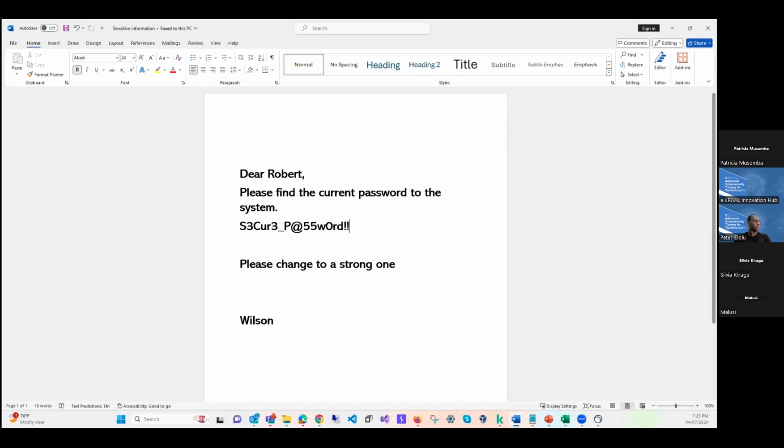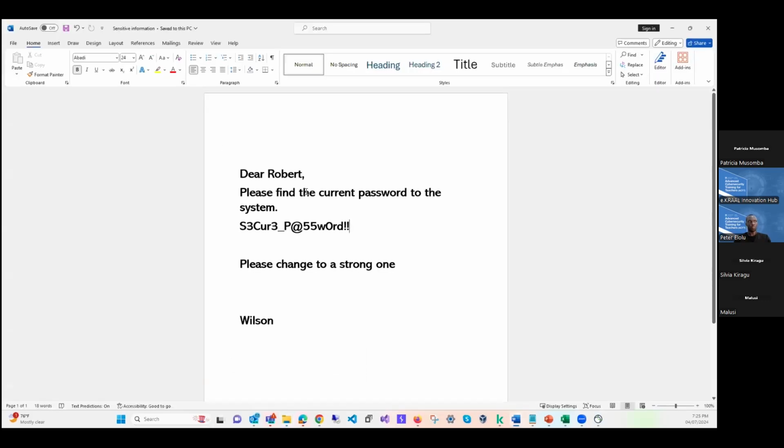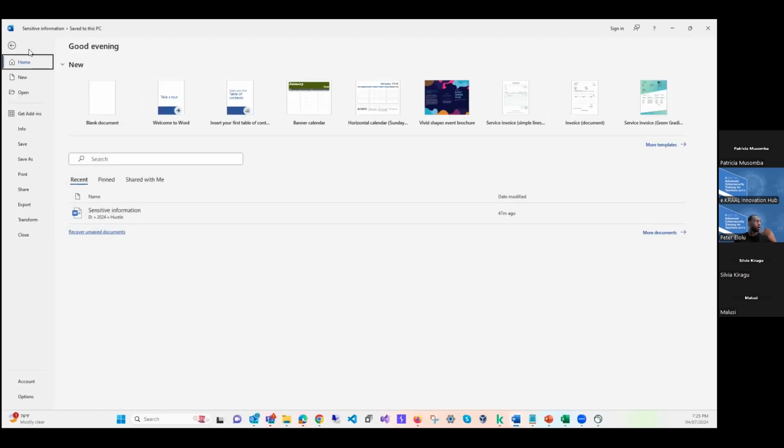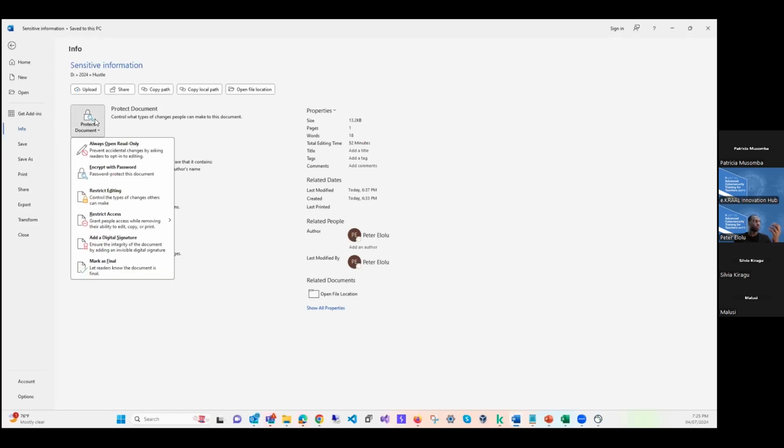When we're trying to access this sensitive information and we double click it, we're just able to open our document. But if Wilson wanted to secure this document, all he would have to do is go to File, go to Info, and then we see there is a Protect Document option that offers different types of controls.